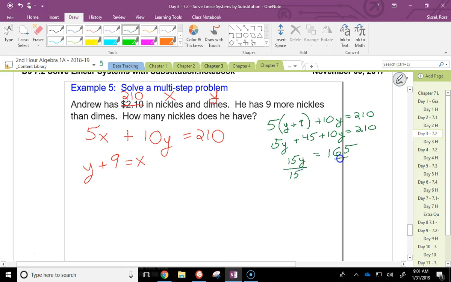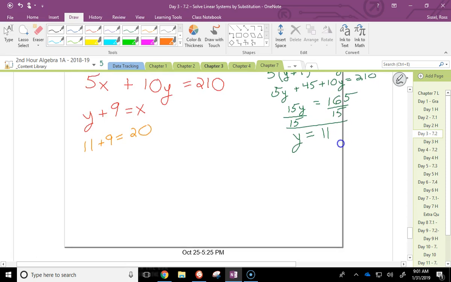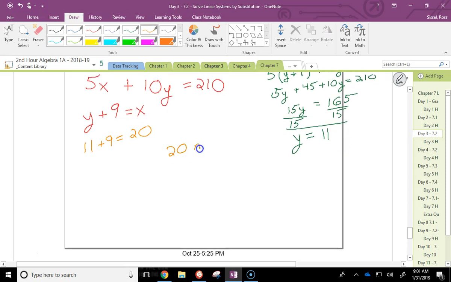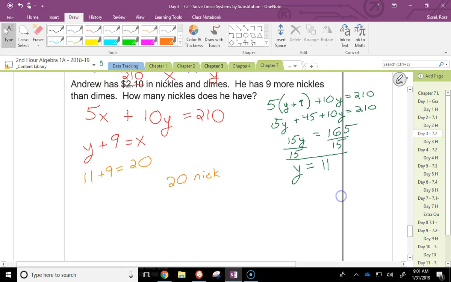Divide by 15. Y equals 11. So this tells me I have 11 dimes. I have to go back in. 11 plus 9 equals 20. So 20 is x, nickels, and 11 dimes.